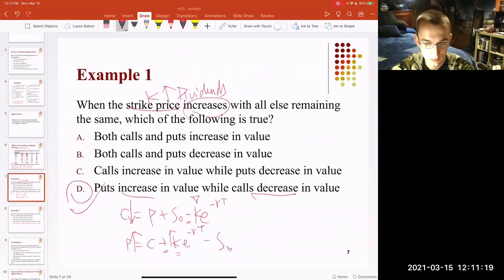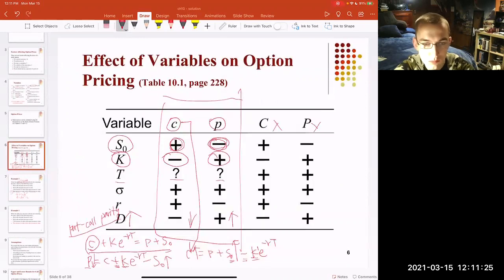So the answer is the call decreases, put increases. So same thing as K. You see K and D are basically the same thing. And the stock price and the risk-free rate, the same case, right? And this is the standard deviation, which is the volatility of the price. That would be the difference.